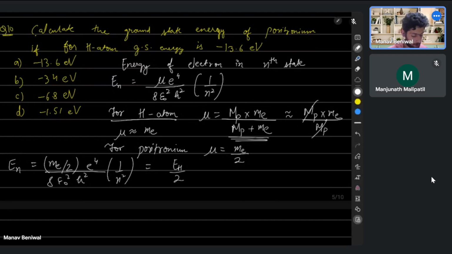For hydrogen this is minus 13.6 eV, so for positronium this will be minus 6.8 eV, which is option C.